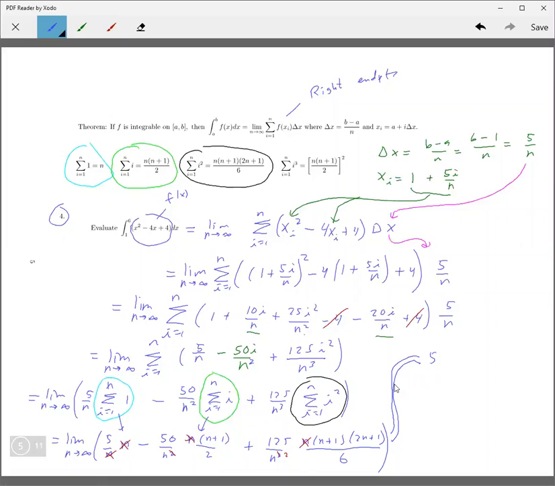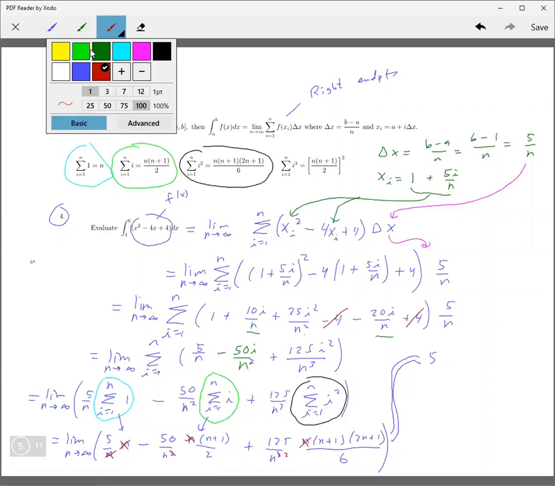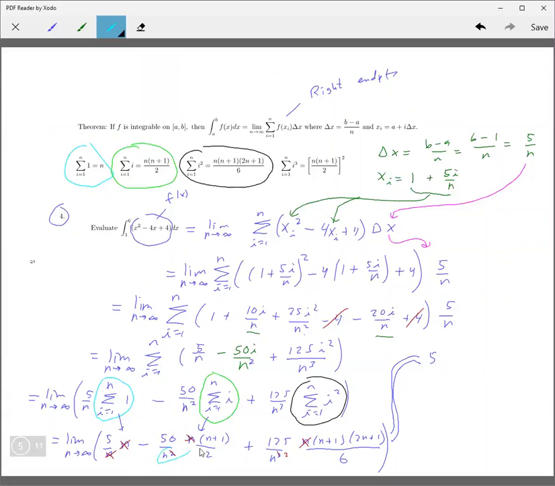This second piece, as n goes to infinity, goes to 1, so we get minus 50 over 2.